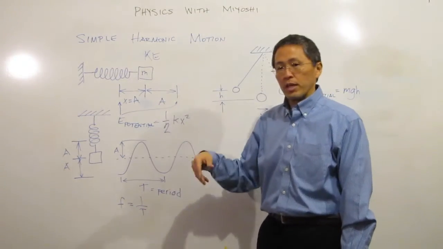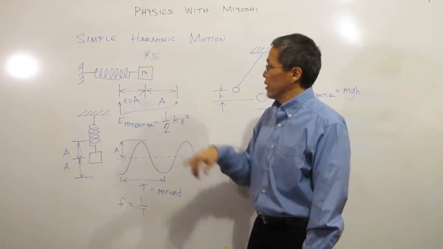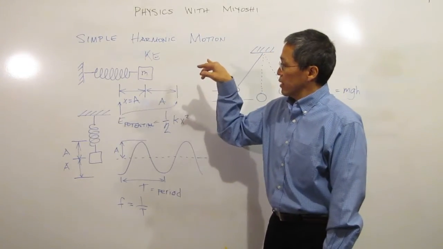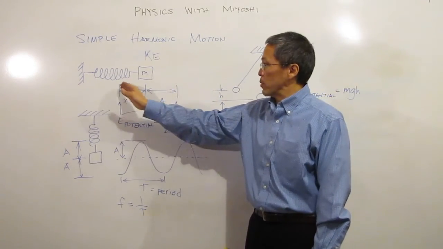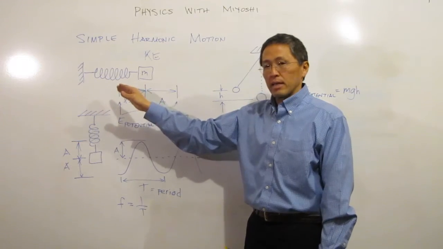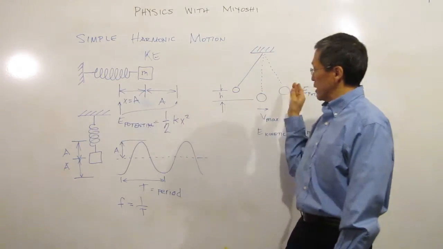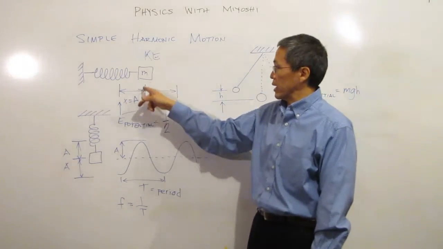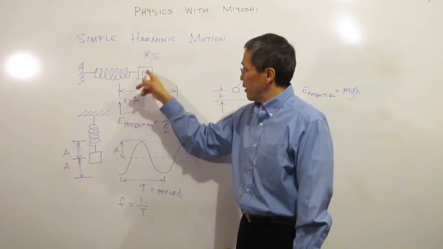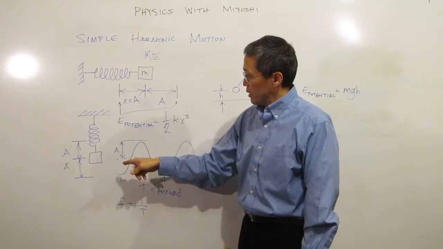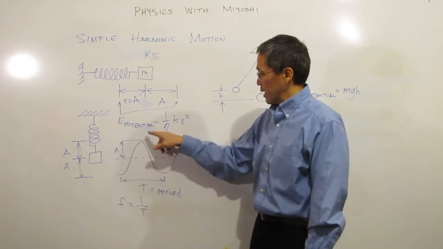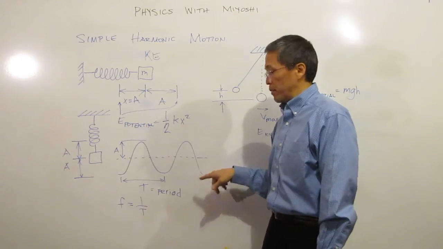But remember a few things about simple harmonic motion. The main thing to remember is that we go back and forth between kinetic and potential energy: potential energy at the outside in these kinds of cases, and kinetic energy at the middle point. And remember that it's a sinusoidal type of motion.